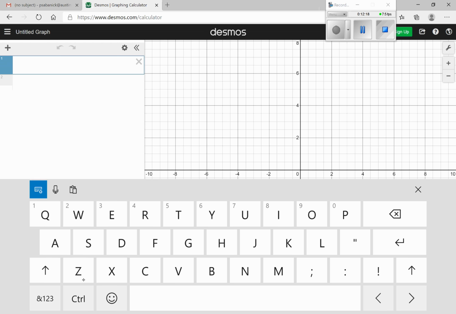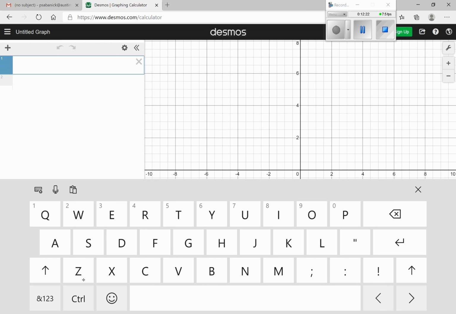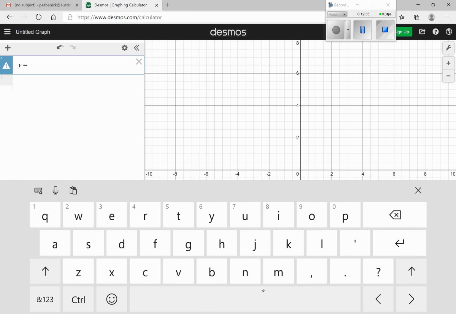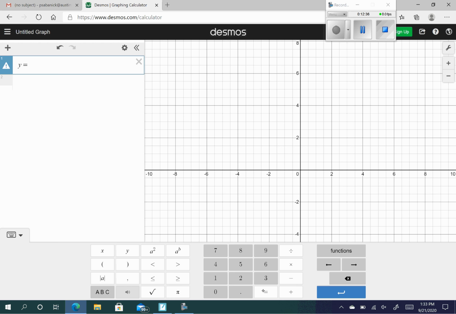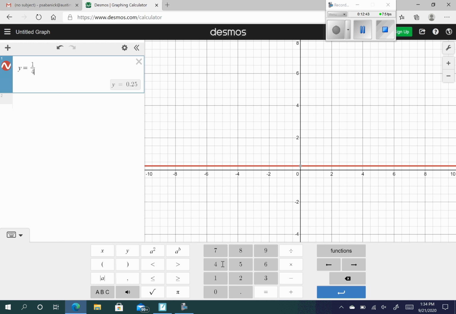I just always like to type it. So y equals, now be very careful, when you type in 1 divided by 4, see how I'm right next to that 4 in the denominator?